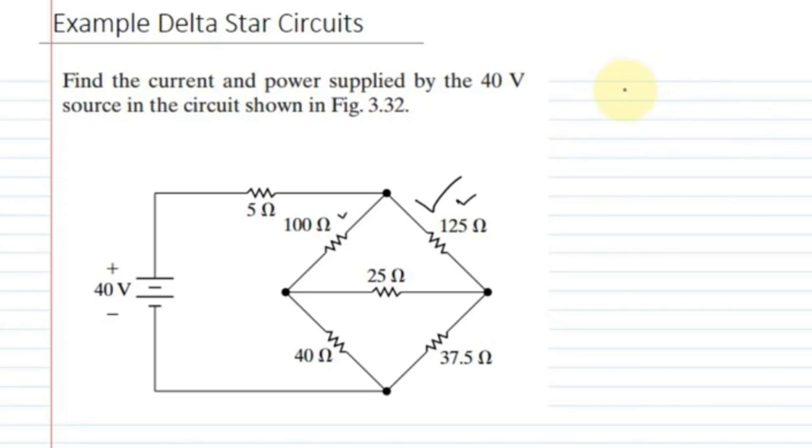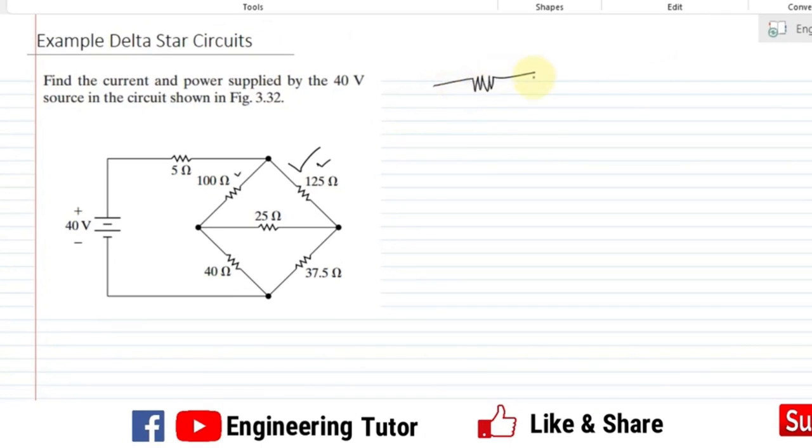So in the first step, this is our circuit. In this circuit, these are our resistors which are given.